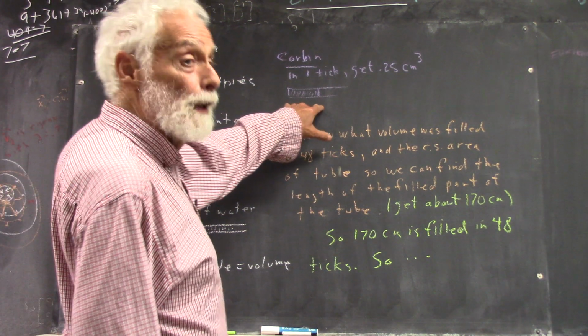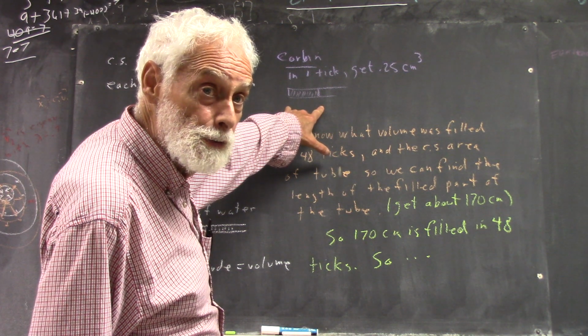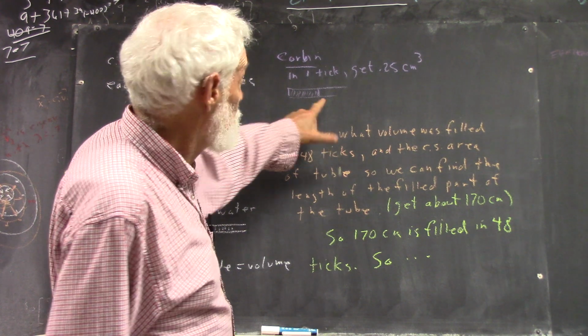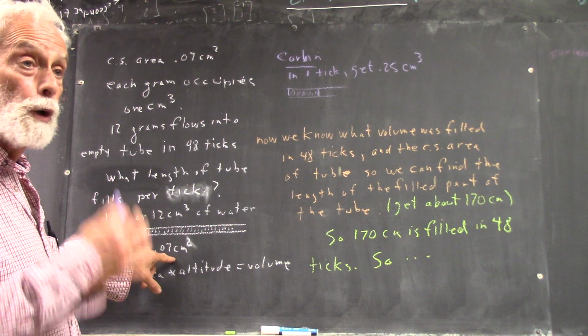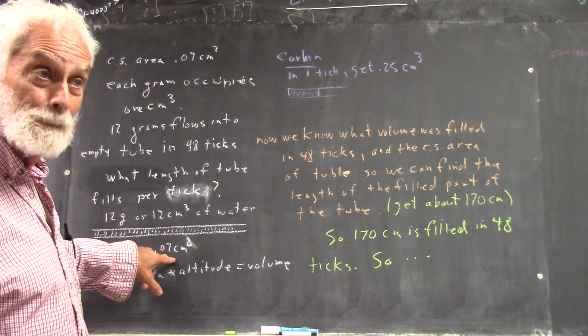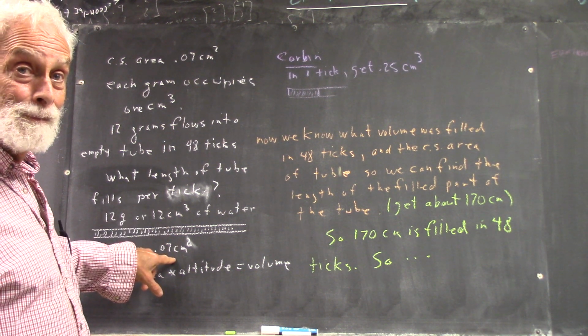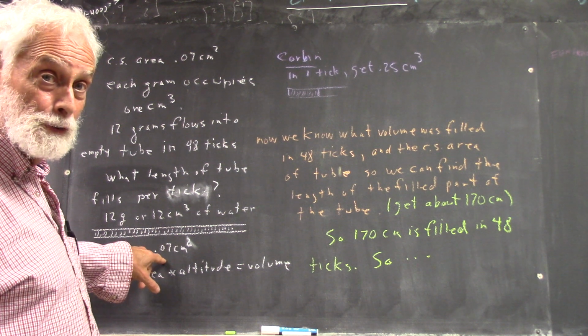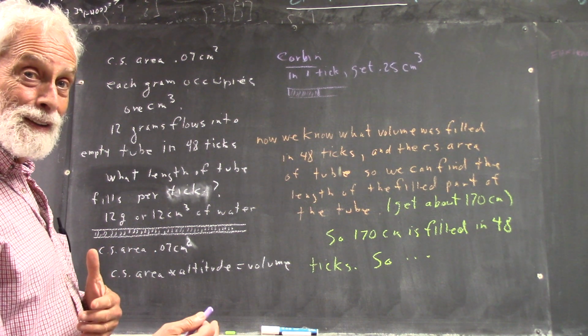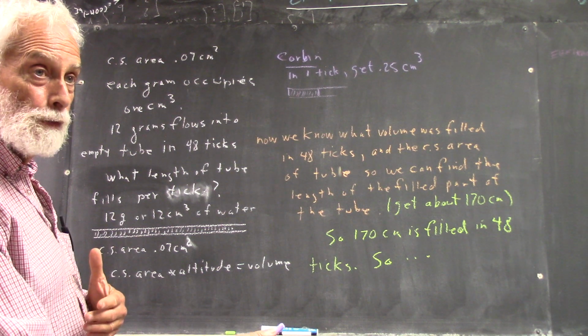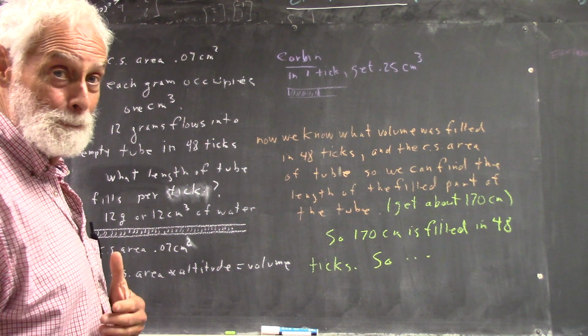Then he just figures out the length of this, and that's how far it flows in a centimeter. Now every centimeter at this cross-sectional area, you get another 0.07 cubic centimeters. So you get 0.07 in the first second, 0.14 by the end of the second second, 0.21 in the third second, and 0.28 in the fourth second, right?